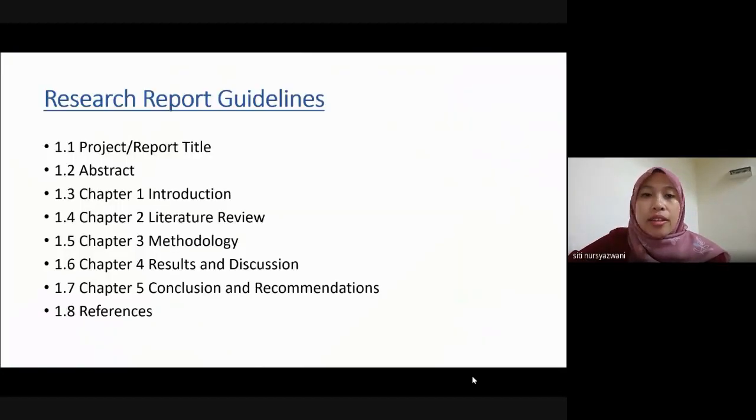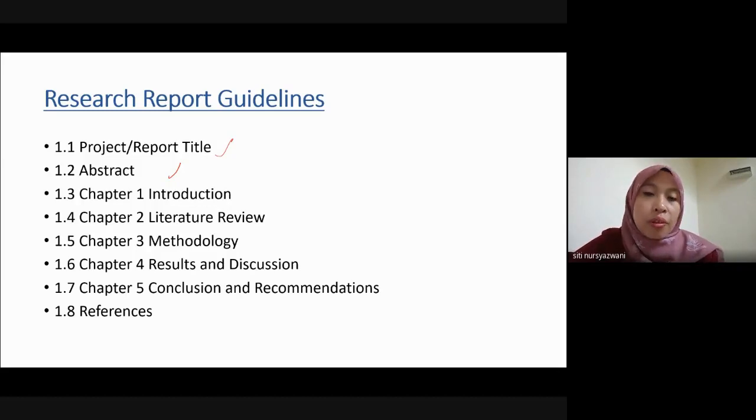Okay, this is actually our research report guidelines. There are several important topics. The first one is project title. You must have abstract. Chapter 1, introduction.